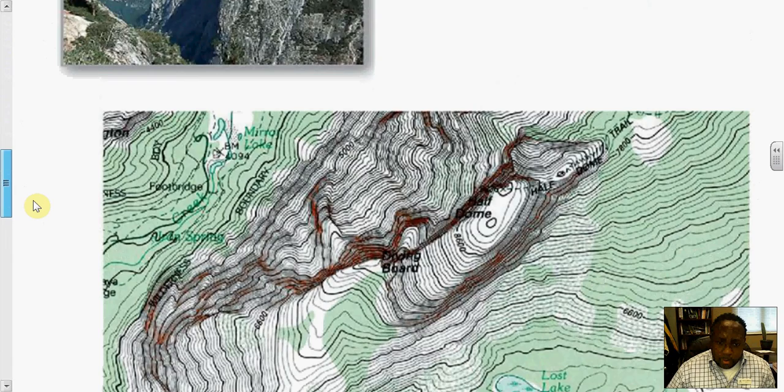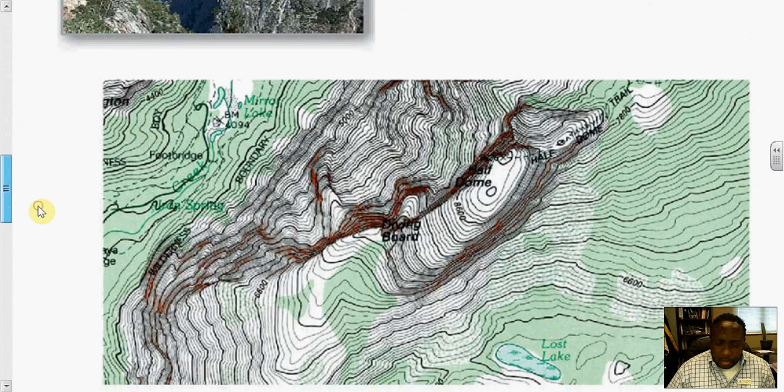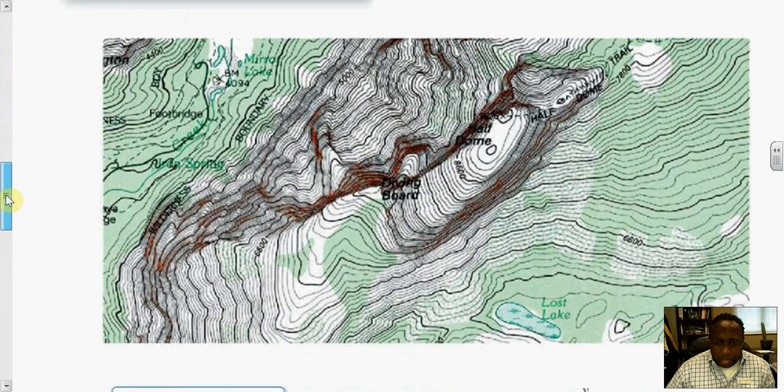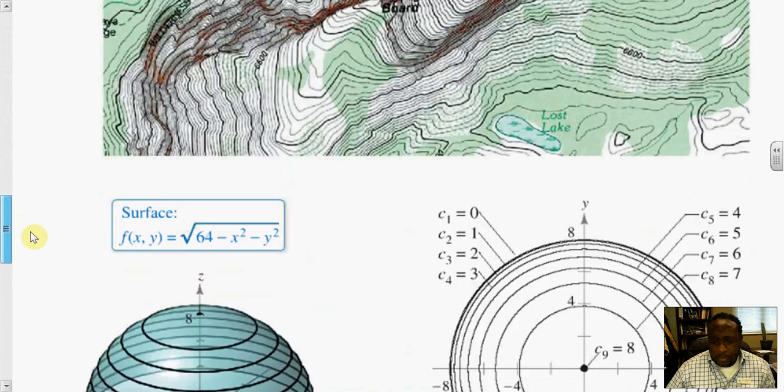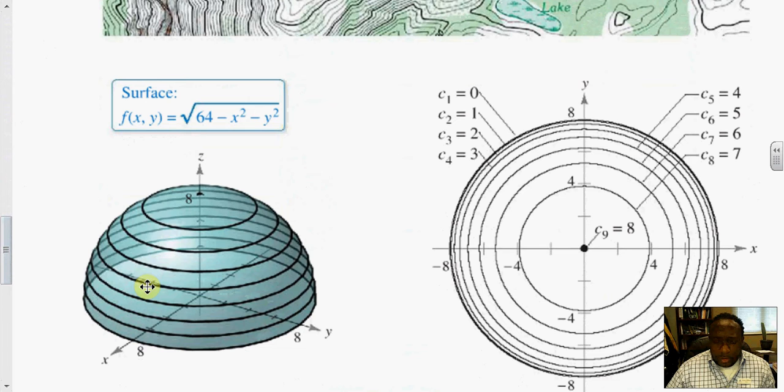So say, for example, if you have a region here, it can be noted that certain colors would denote the height or the depth of the region that you are trying to illustrate on a 2D map. If you take the surface here, this top part of a sphere, and transfer that with level curves, this is how it looks on the right side.